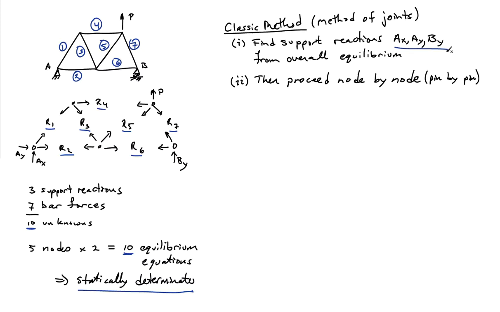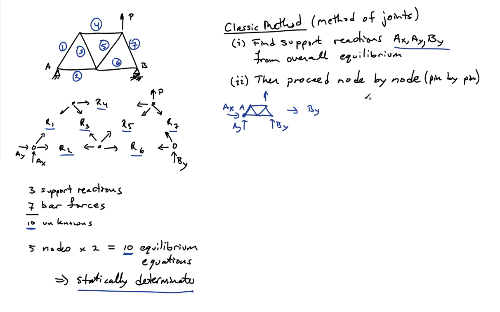So in this particular case, for example, we could start with moment equilibrium about A. So if I were to take the truss and look at the forces acting on it, if I do moment equilibrium of the truss about A, then that will tell me what BY is, for example.